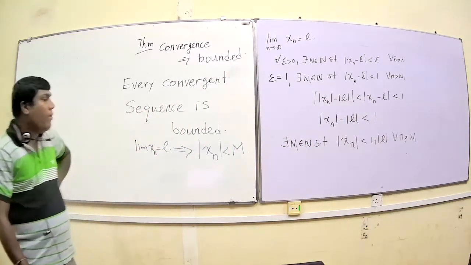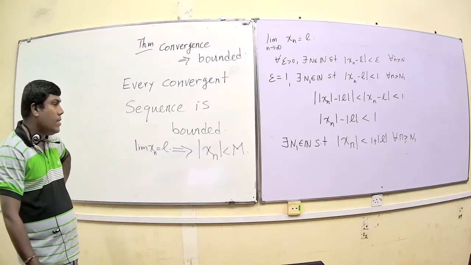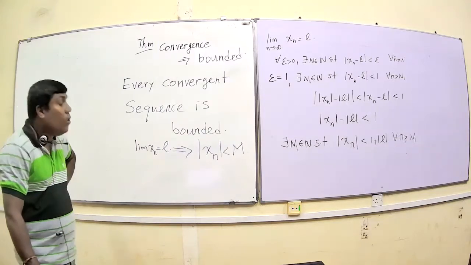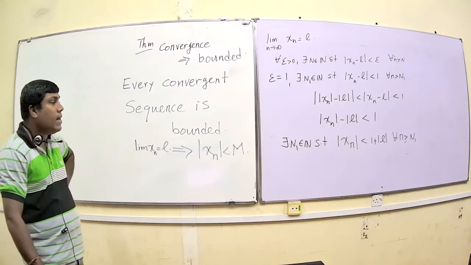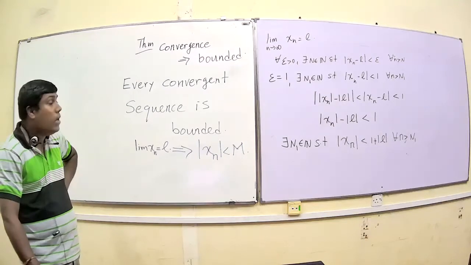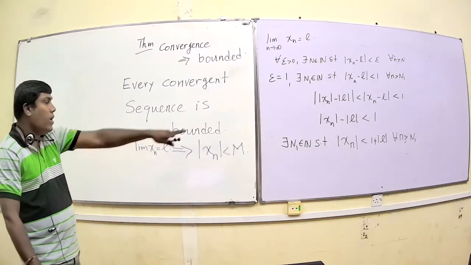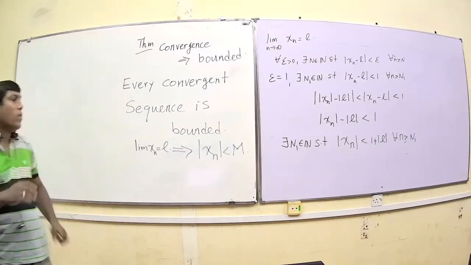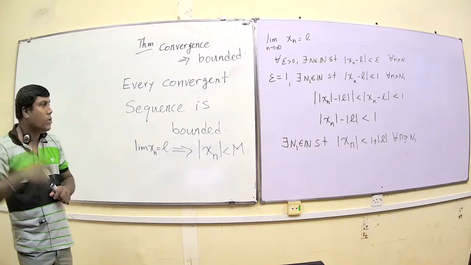So for all n greater than n1, the absolute value of xn is less than the fixed value 1 plus |L|.